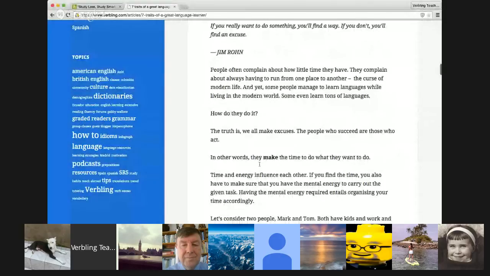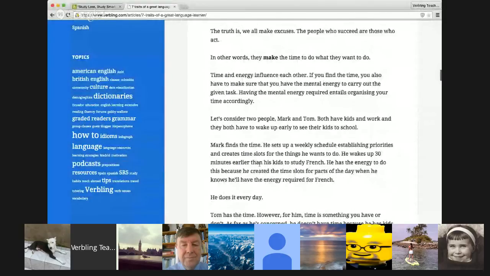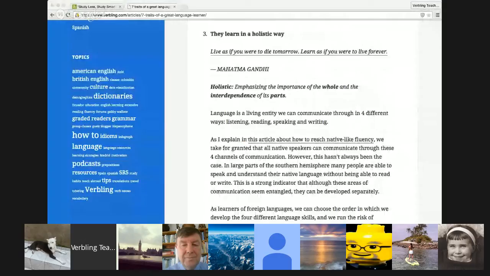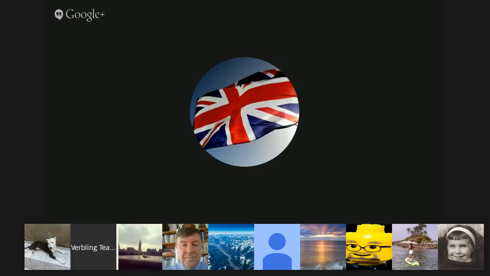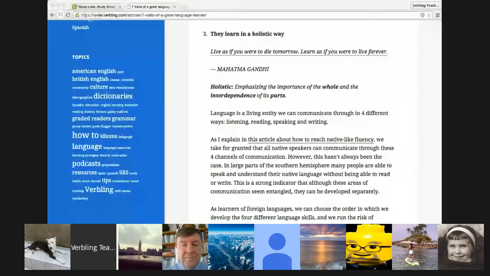Yes. When you are using a language, there are 4 ways of communicating: listening and speaking, and reading and writing. And in fact, you can work on these 4 parts separately. There will be people who can only write and read, and there will be people who can only listen and speak.